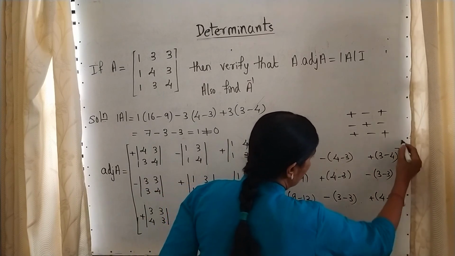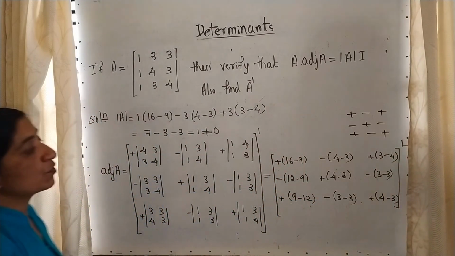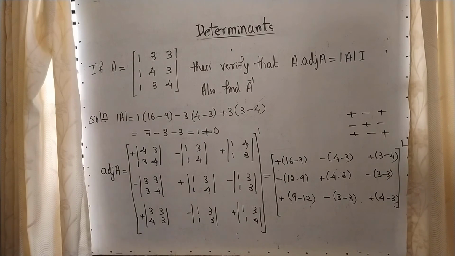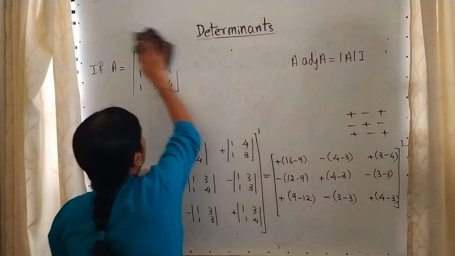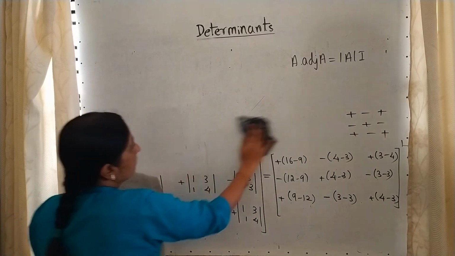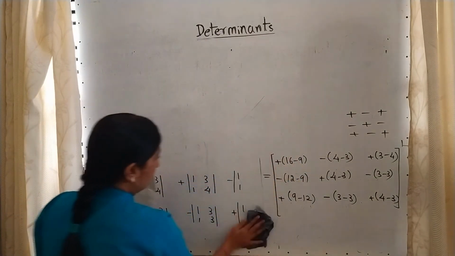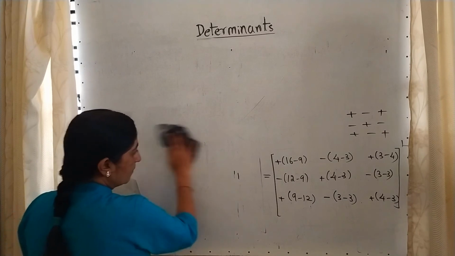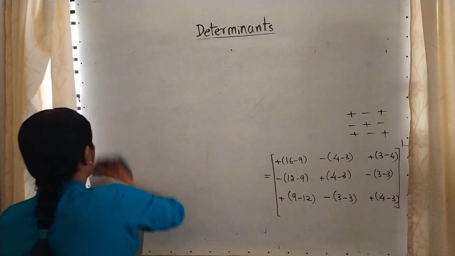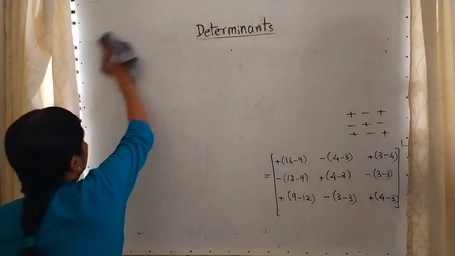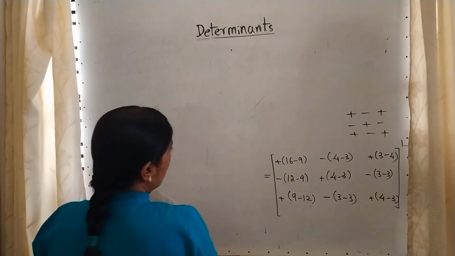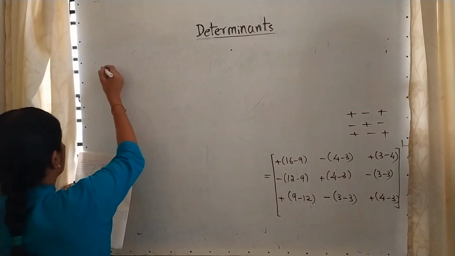It's a transpose. It is a transpose of a cofactor matrix. Now write down the simplified answer.